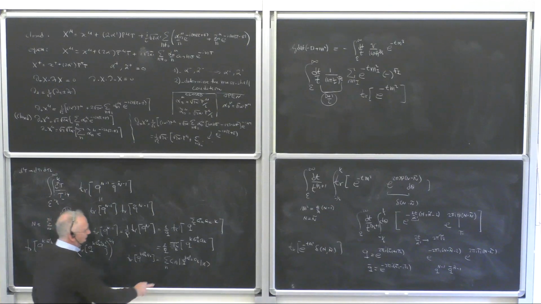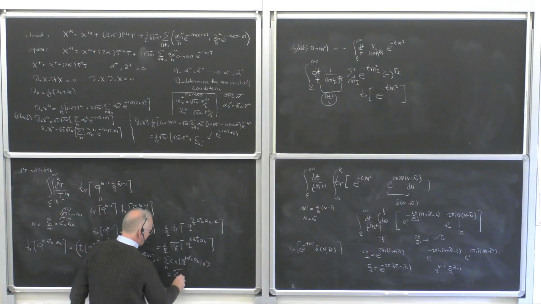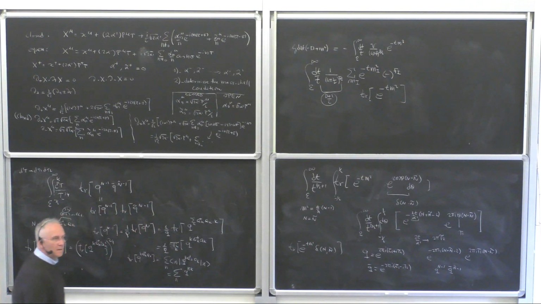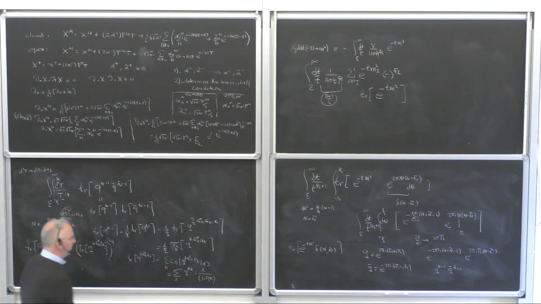And this stuff here is the number operator of the oscillator, so on the state n it has eigenvalue n. So this is the sum on n from 0 to infinity of q to the nk. So this is 1 over 1 minus q to the k. It's a geometric series.